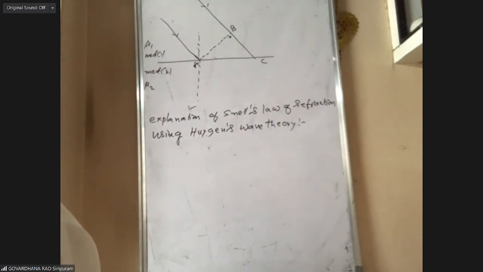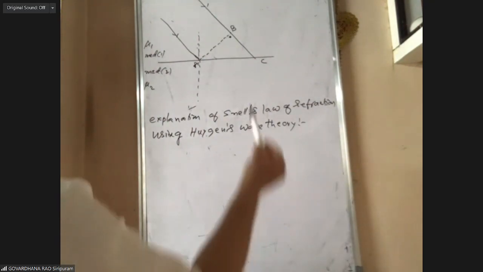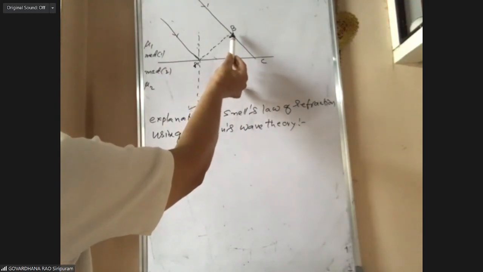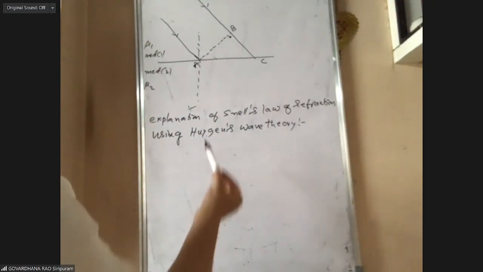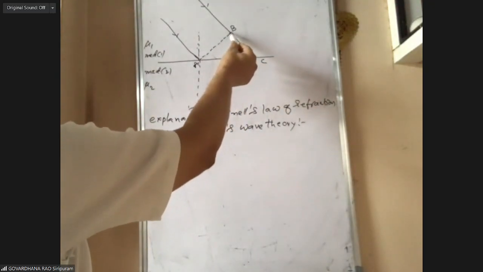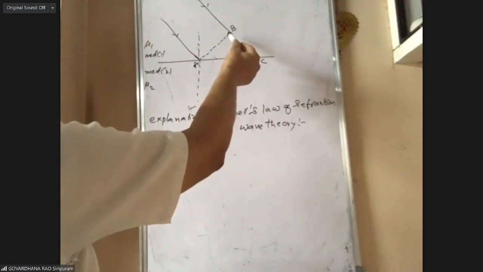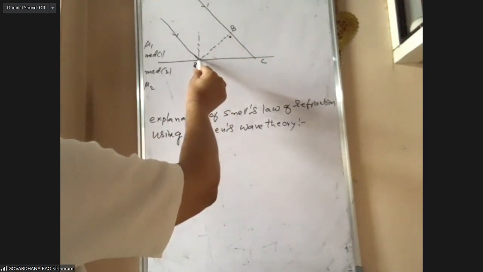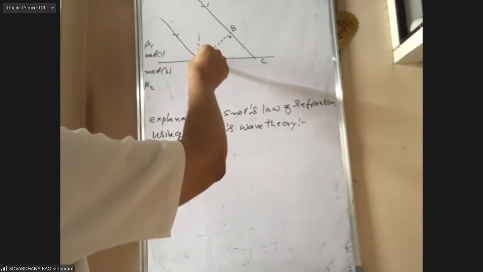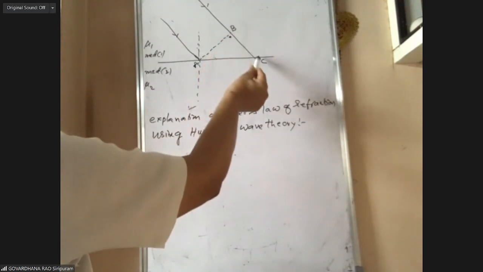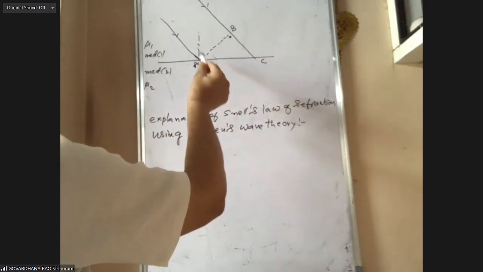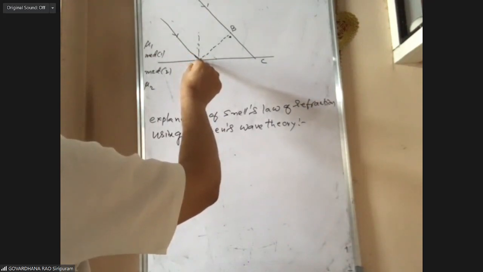Okay. Now the problem starts. Light particle, which is at B, is coming from B to C. All the particles are in the same phase on this AB wavefront. So this is the particle which is already at point A. This is particle at B. By the time light reaches from B to C, the particle which is already at A has to enter into this medium 2.